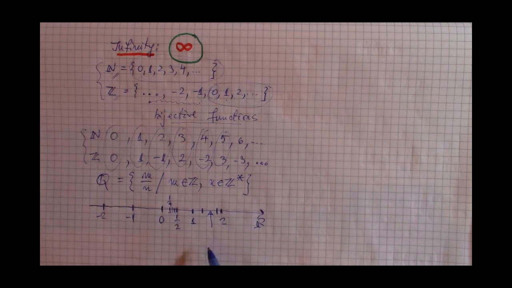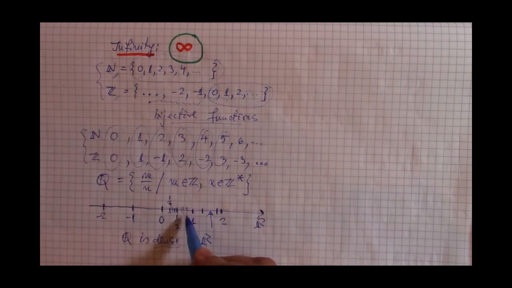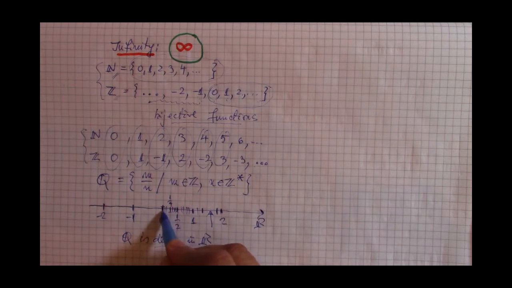Now mathematicians refer to this property by saying Q is dense in R. I kind of described what dense means, but the fact is that this picture tells you that rational numbers are all over the place, as opposed to, let's say, integers.